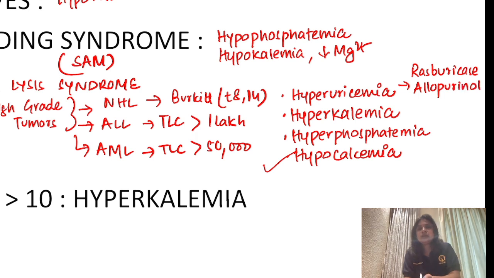So for hyperkalemia management, already I told you, you need to start on calcium gluconate for stabilization of the cardiac membrane, and then for reduction of serum potassium values you need to give furosemide or insulin dextrose, or even you can give salbutamol nebulization, and if it is refractory then we have to go for dialysis. And for hyperphosphatemia we can give phosphate binders like sevelamer, etc. And remember, we do not give extra calcium to the child, because there is renal failure, right?